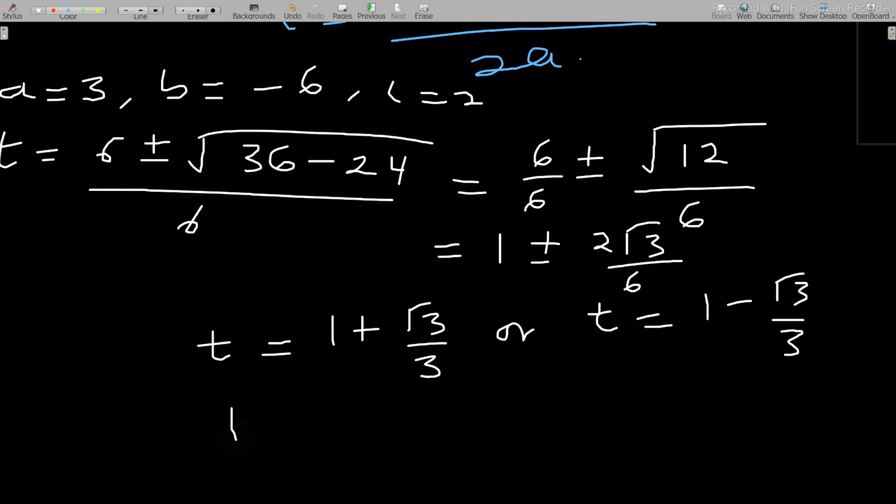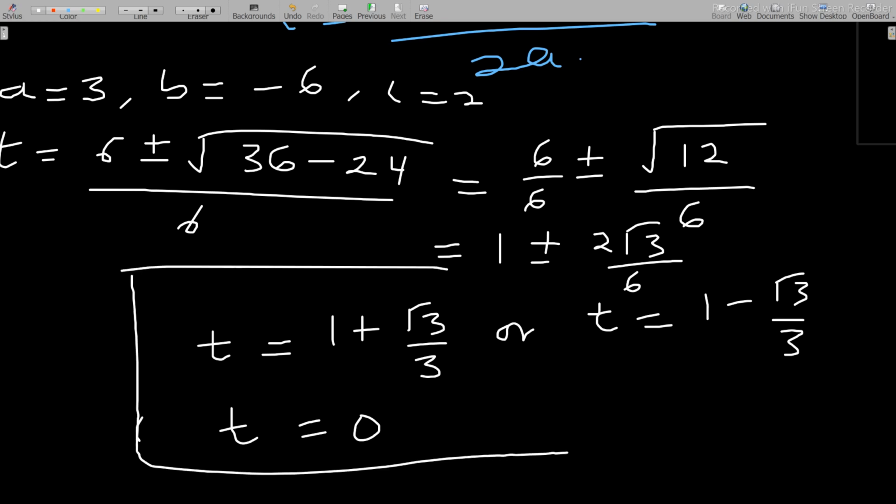So we first had t equals 0. This means that if I plug all these values that I've gotten here into our function, we'll get 0 no matter what the values are, since when we equated to 0, these are the results we are getting.